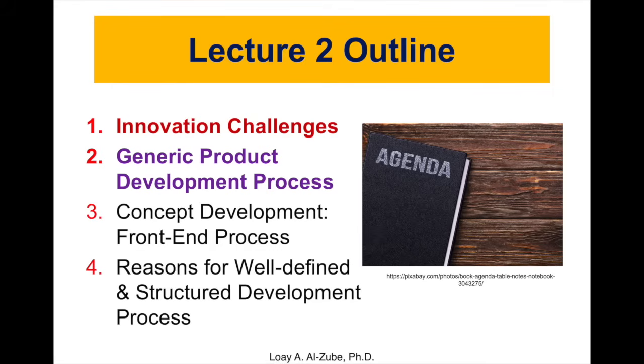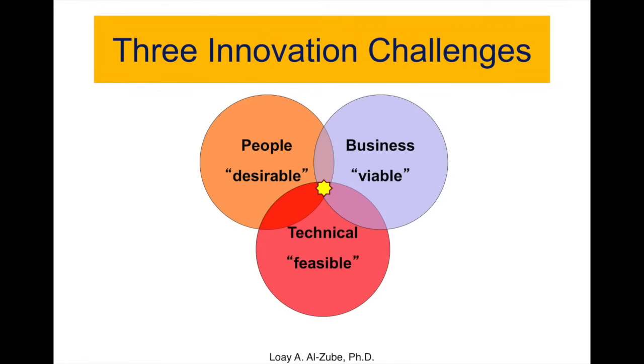of products. Starting with innovation challenges, any design development team will have to look at three challenges: people, business, and technical. What are the desirable characteristics or features of the product that we would like to identify, and can we find a desirable feature for a specific need? This is the people side of the challenge. On the business side of things, we need to make sure that our product is viable.